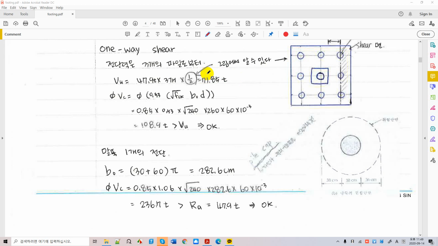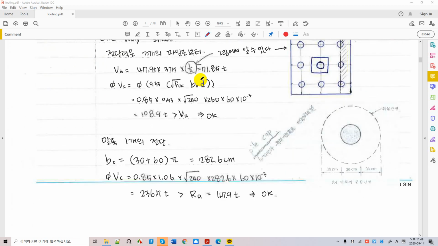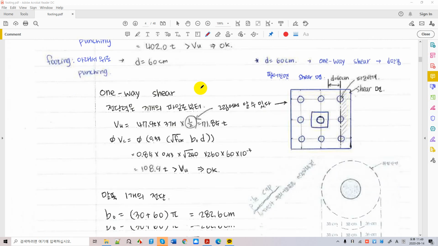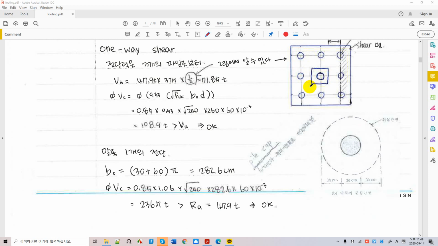So we don't have to worry about both two-way and one-way. And don't forget to calculate the shear capacity and compare that with the shear force on one pile, at each pile level. So each of these piles will also try to break through the pile cap structure as a shear force and punching force.